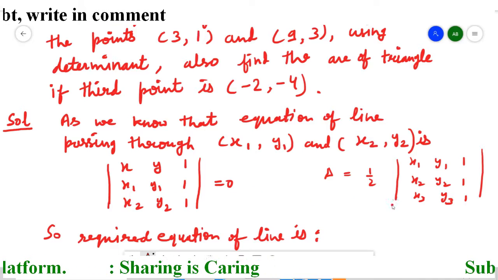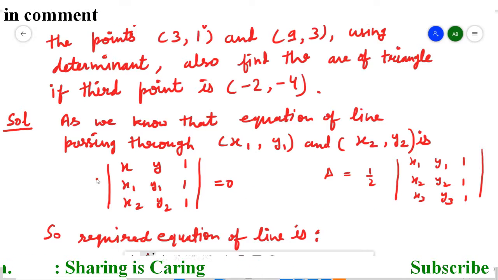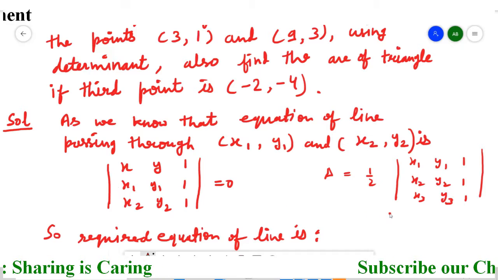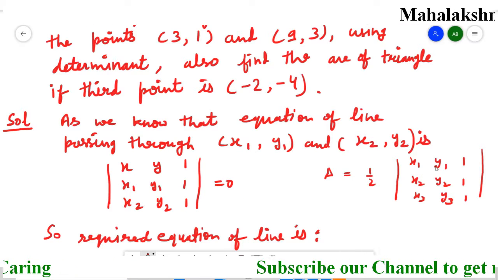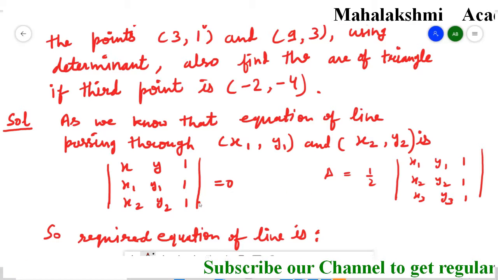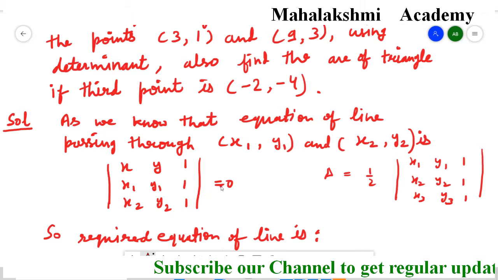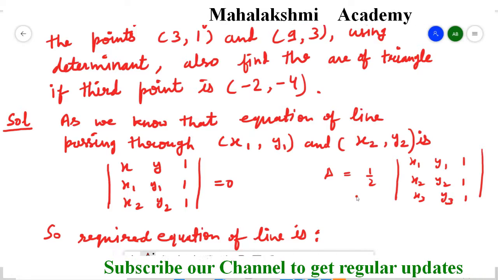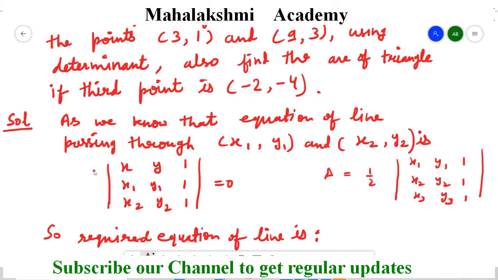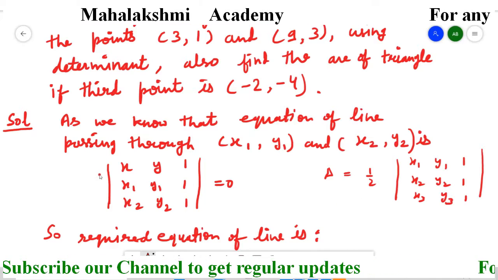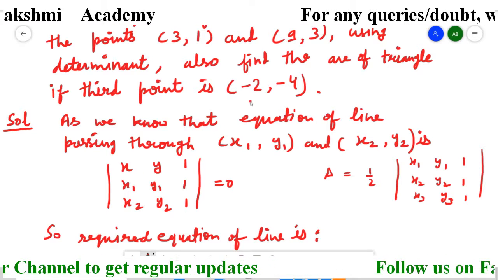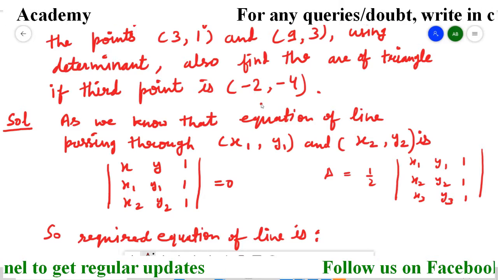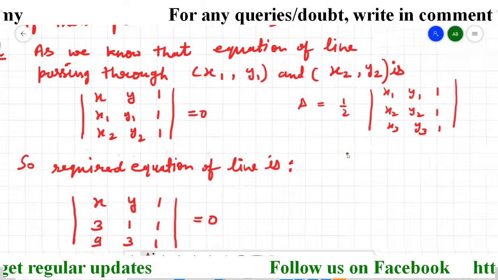The difference is that here half is not present, here you have half, and instead of the x and y variables you have coordinates. So to convert this equation into the form of area, you have to introduce a half, and instead of x and y, replace the third point. That is all we are going to do.